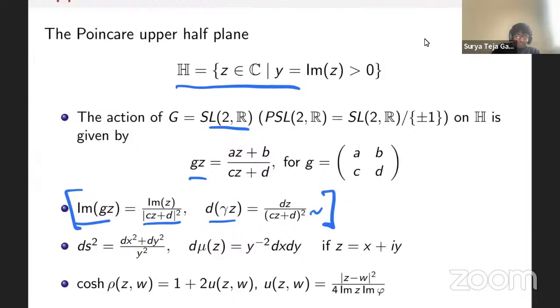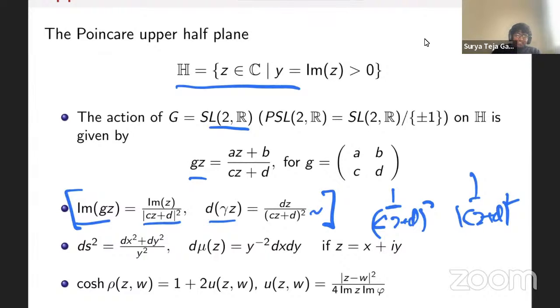You see quantities like 1 over (cz plus d) squared, and even 1 over the absolute value of cz plus d squared, a lot of times in this theory. If you just compute the imaginary parts and also this derivative, you can easily see that you have these quantities.